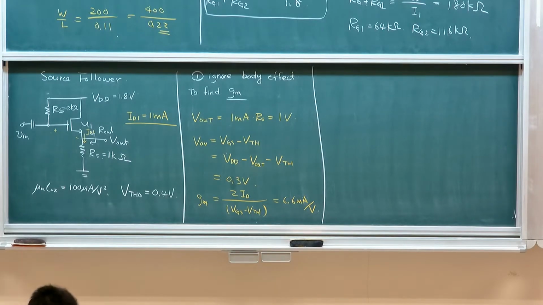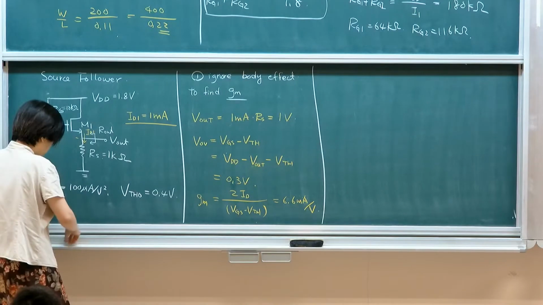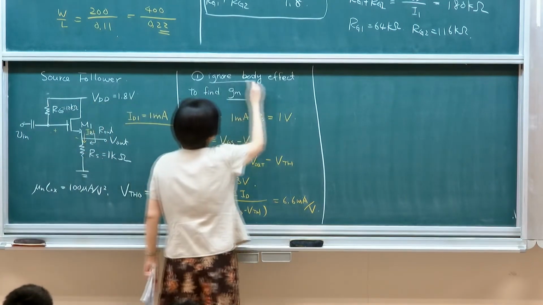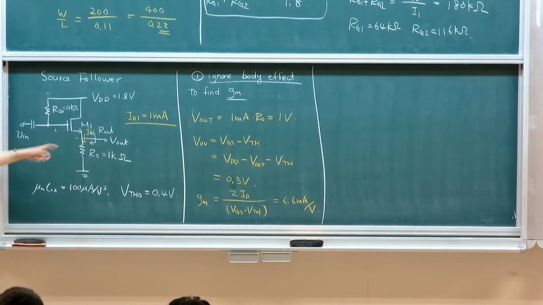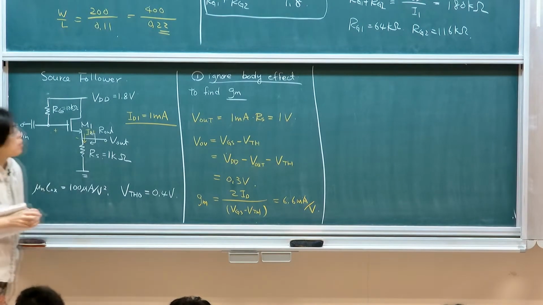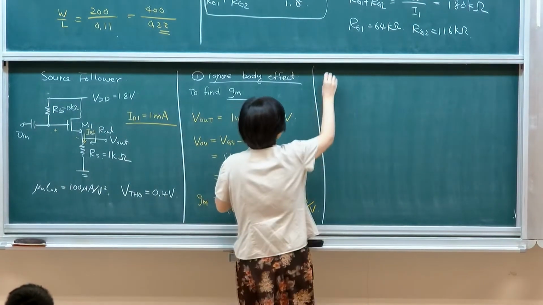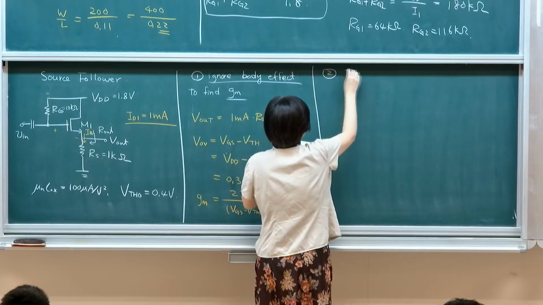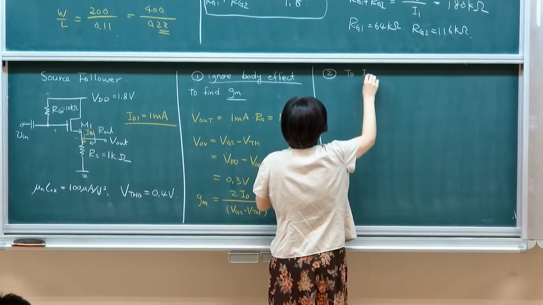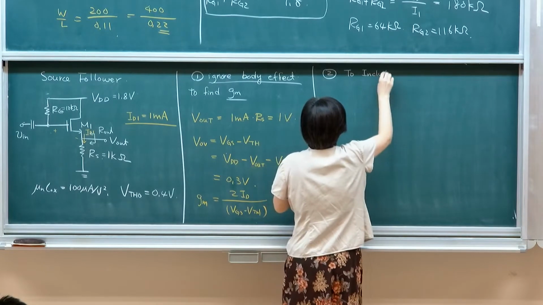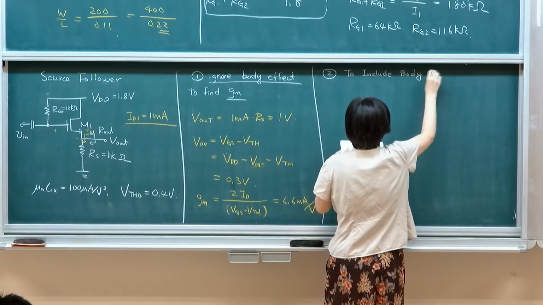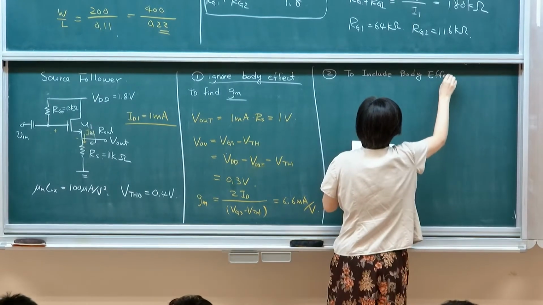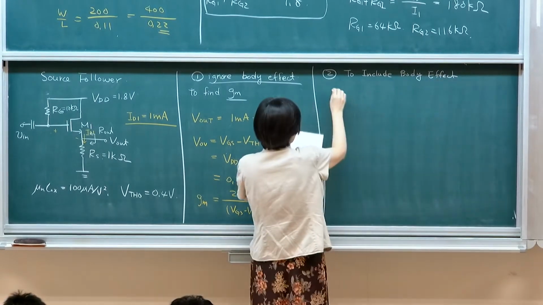So the next thing is that this is because we ignore body effect, meaning that we assume the threshold voltage does not shift because of this high source voltage. But what if we include that? So as I said, to include body effect, we need to know how one calculates the shift in threshold. So let's give the equation.